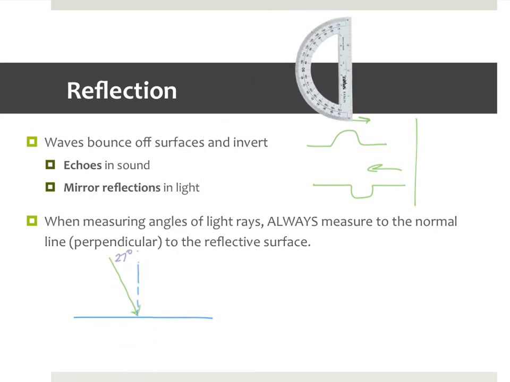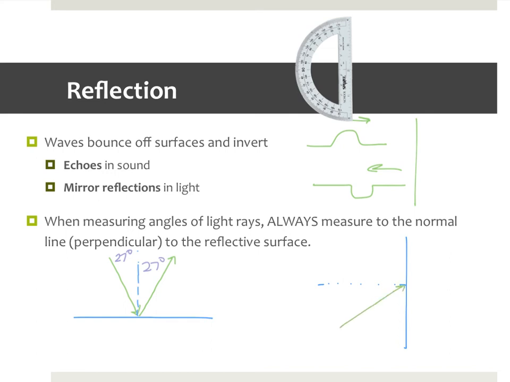Okay, now going on about the angle of reflection. If a light ray comes in at 27 degrees, then it bounces off at the same angle, also 27 degrees. So angle of reflection is always equal to the angle of incidence. Now what happens if our surface is like this? Then once again, you have to draw your normal line like this.